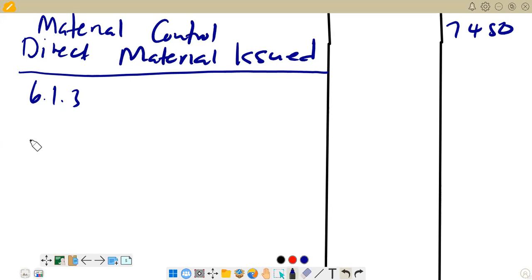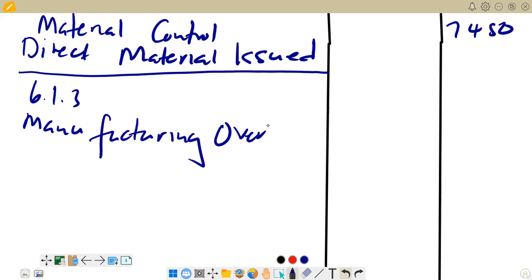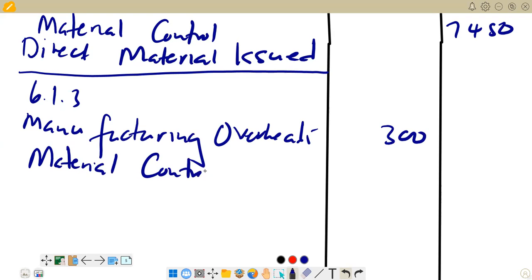Remember, we have said we are debiting manufacturing overheads, and the amount is 300. And then we are crediting material control, and we have also 300.